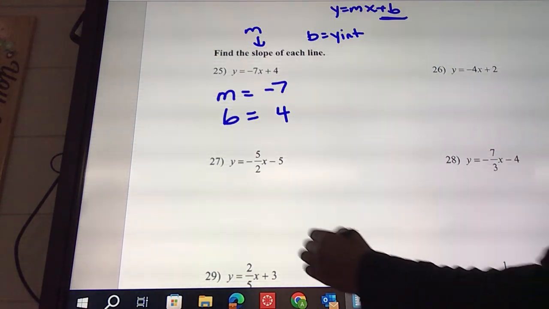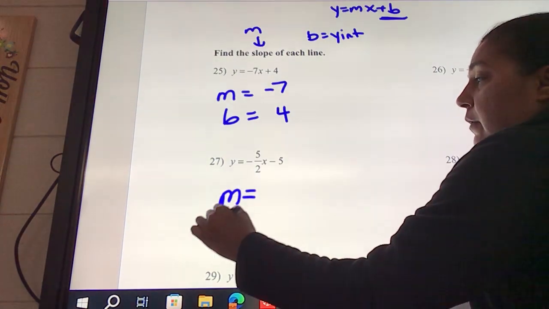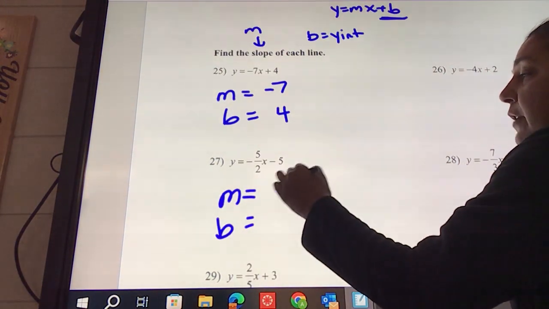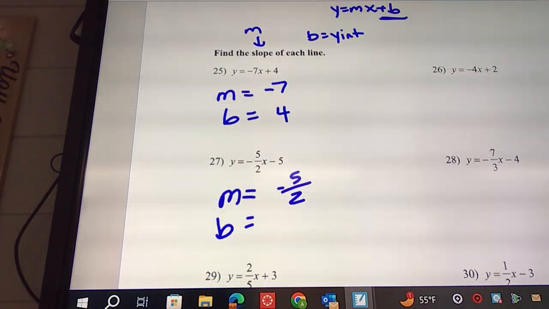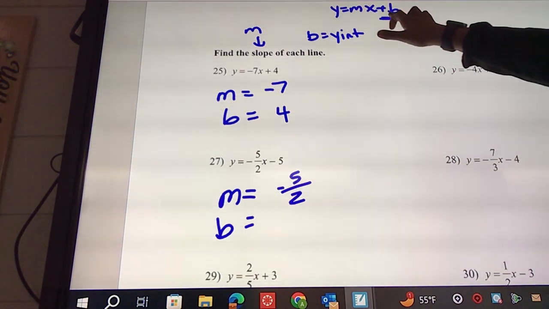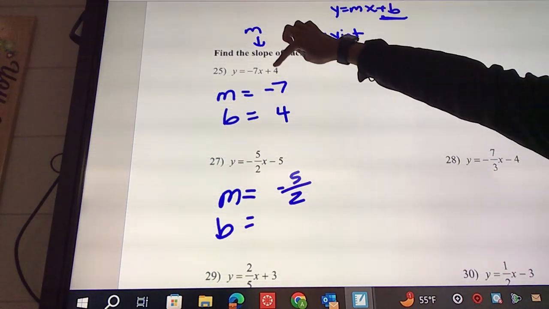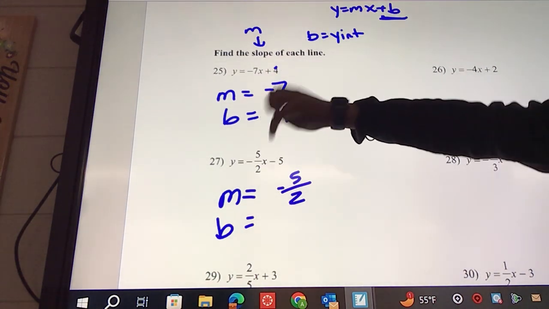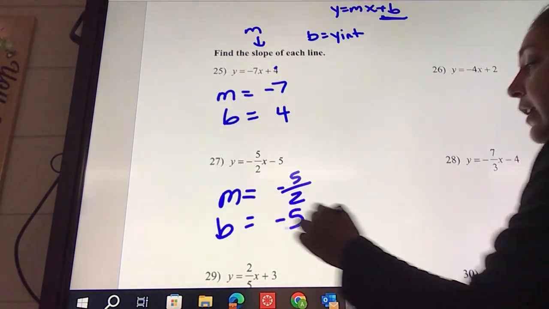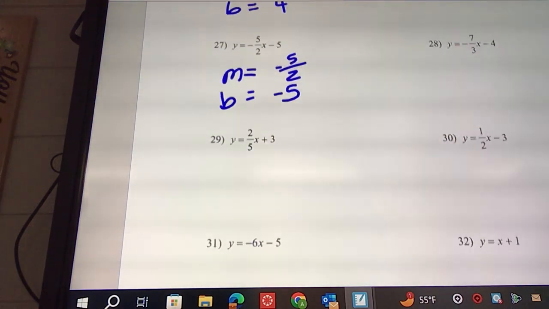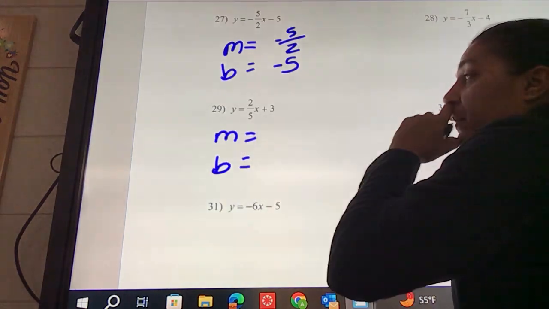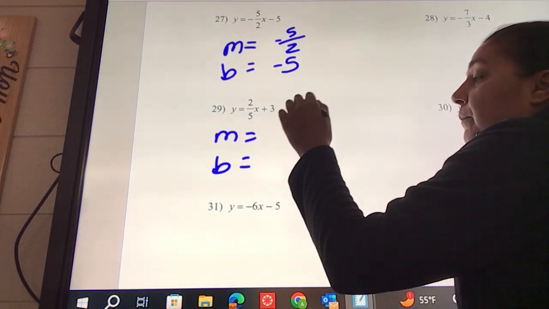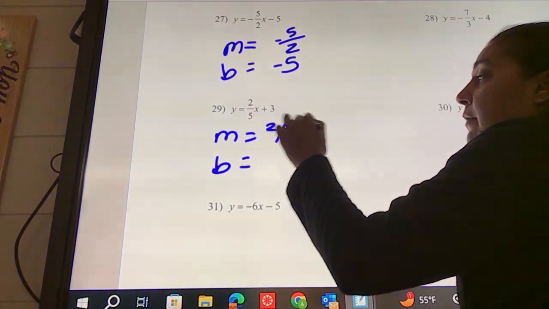Okay, 27. What is my slope? Negative 5 over 2. What is my y-intercept? Negative 5. If there's a plus there, the plus is part of the formula. So for this one, there was a plus, so it's just 4. This one has a minus, so you need to include that minus. It's negative 5. Okay, 29. What is my slope? 2 over 5.